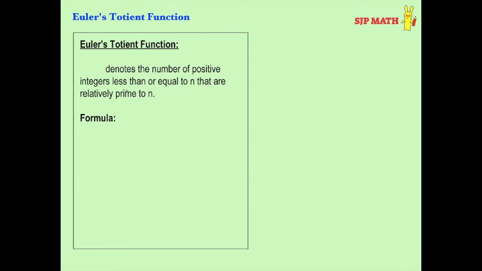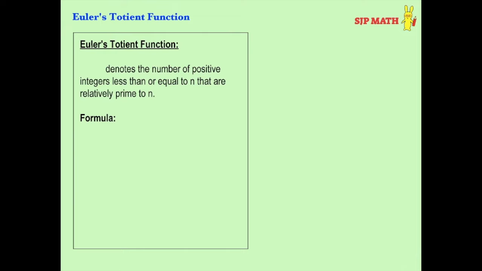So after watching this video, I strongly recommend you go over to the Euler's totient theorem video and look at what it is. Today in this video, we're just going to look at the formula and how to use it.